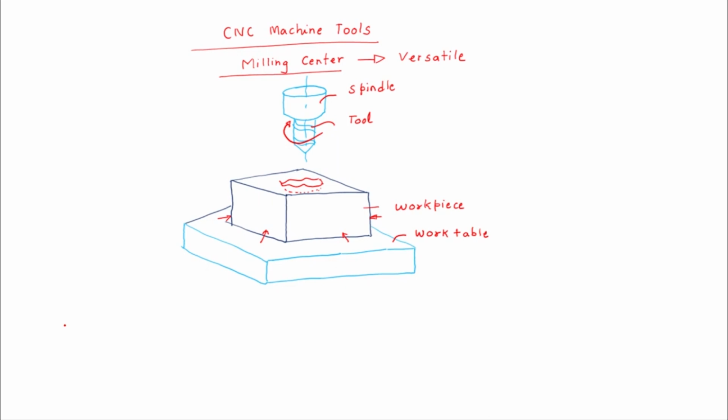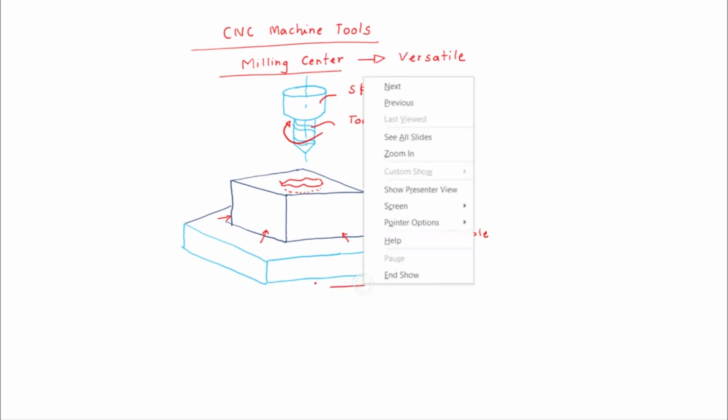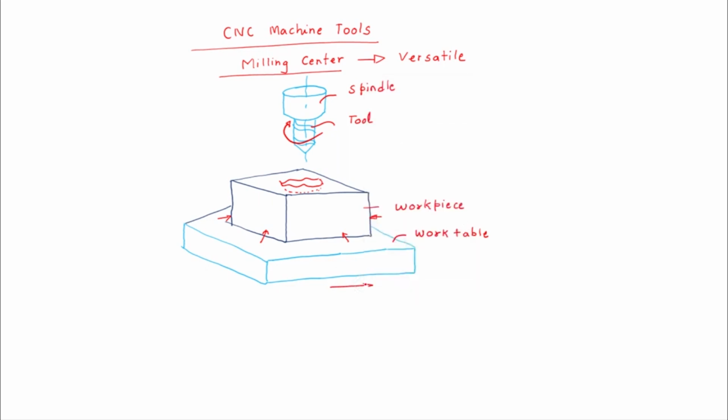When we are having the relative motion with all these mechanisms, what are the mechanisms here? The translatory mechanism. We need to translate the work table along this direction. So let us consider this as the x direction.